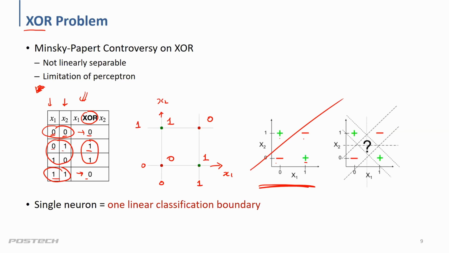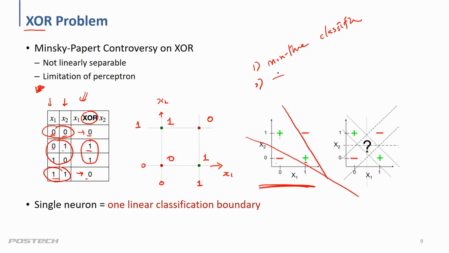So to separate these, there are two ways. The first is probably nonlinear classification, or, similarly, I can think of two linear classifiers, right?